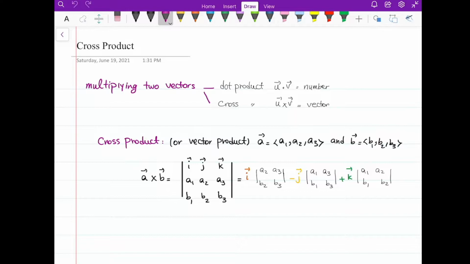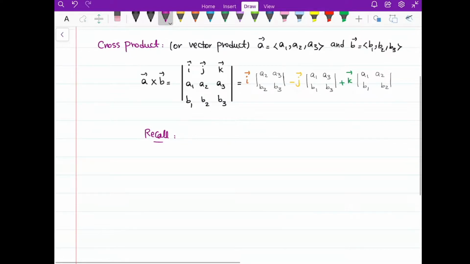So what are these determinants? Let me give you a recall of the determinant. Take a vector A with the components 1, 2, and the vector B in just 2D, with components 3 and 4.